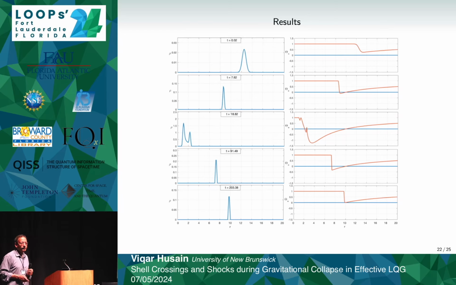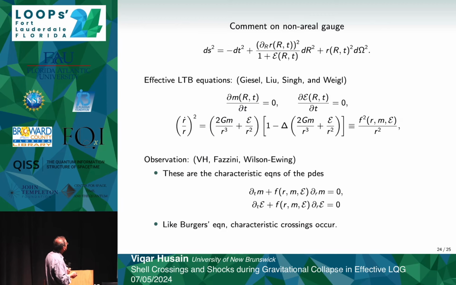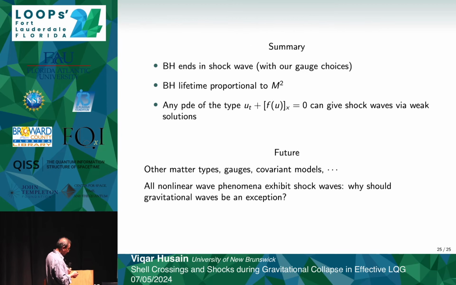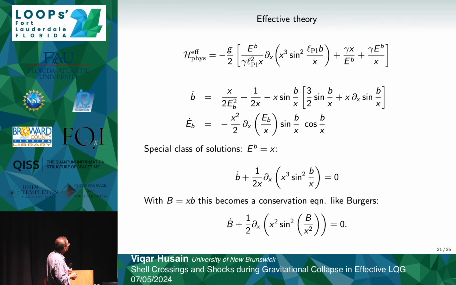Okay, I have a very quick question. If you can go back to the semi-classical Hamiltonian, the corrected Hamiltonian that you showed at the beginning. That one, if I remember correctly, is obtained by a polymerization procedure. So my question is, what happens if we consider different polymerization functions or a different quantization scheme?